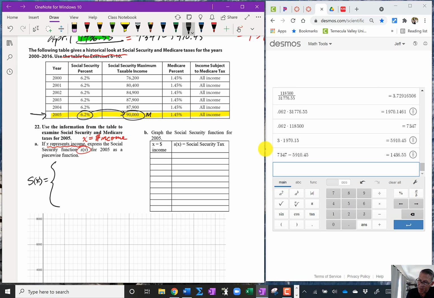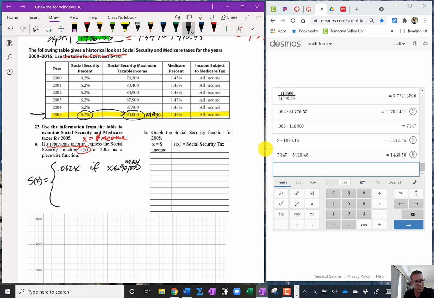So this is equal to 5,580, and this is going to be constant if X is greater than 90,000. So if you make 100,000, 200,000, 300,000, it doesn't matter. They're only going to take out $5,580. It's not going to increase as you make more and more money.